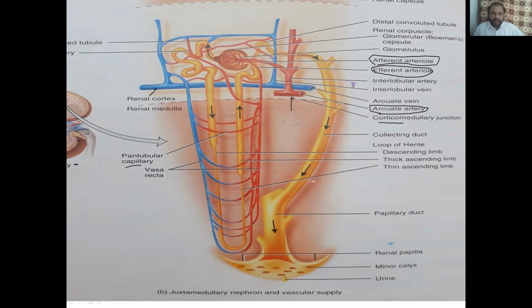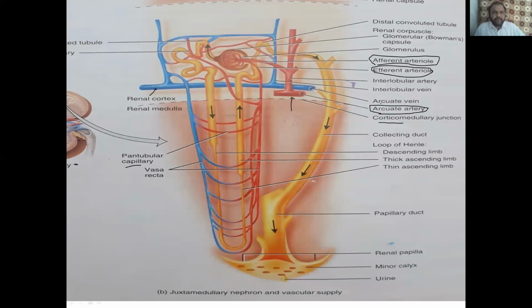Then this efferent arteriole also remains parallel to the loop of Henle. It also sends some transverse branches. And in the same way, we have another arcuate vein. So the arcuate vein is here.